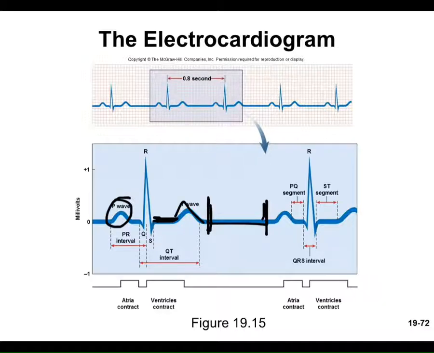A time of complete relaxation, a time of diastole. And what's happening during this period? What's happening at the SA node? Those leaky sodium channels are leaking, aren't they? And they're slowly going to cause another what? Signal to be sent, which would initiate another P wave of the next cardiac cycle.